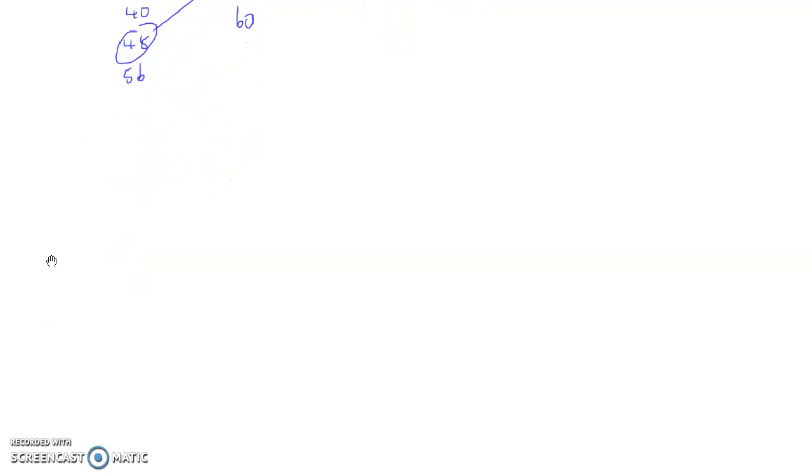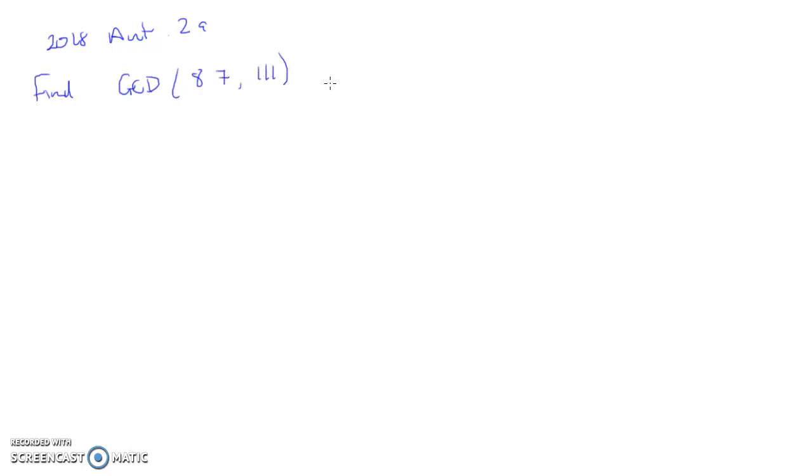So sometimes you're just asked to find if two numbers are relatively prime, or rather asked to find the greatest common denominator, or the greatest common divisor. For example, in 2018 autumn, question 2, you're asked to find the greatest common divisor of 87 and 111.